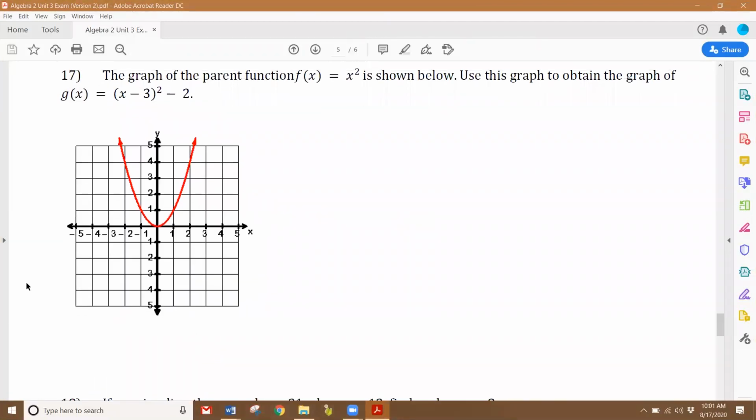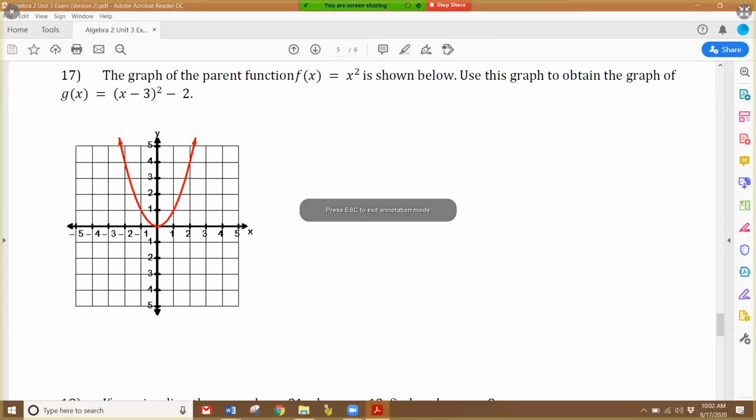Question 17, we have the parent function x squared shown in our graph. And then we're going to take this graph and make the two shifts based off the equation they give us. The first thing I want you to do on your test when you do this question is write down the shifts that you are supposed to do.